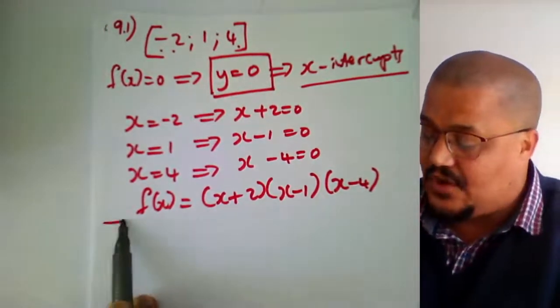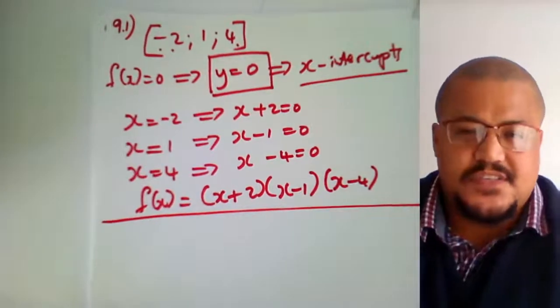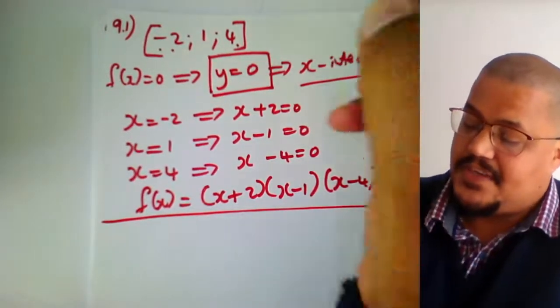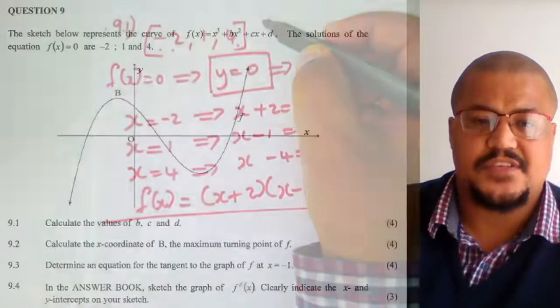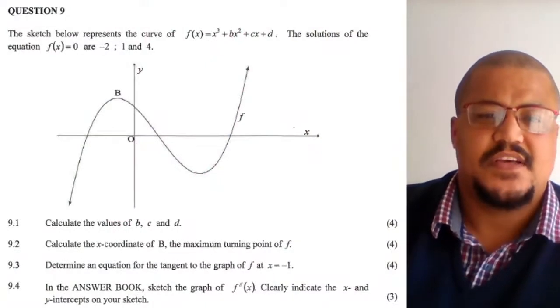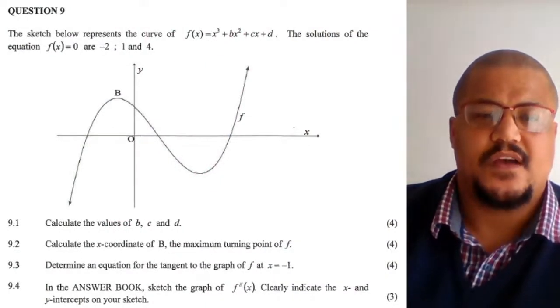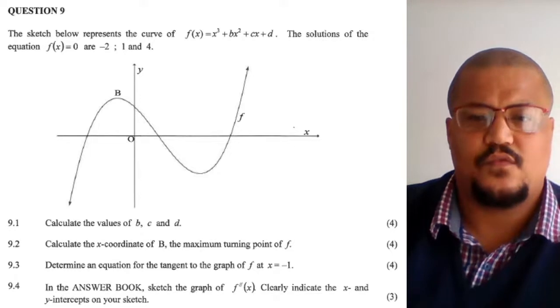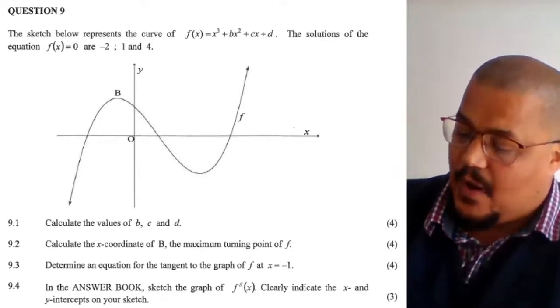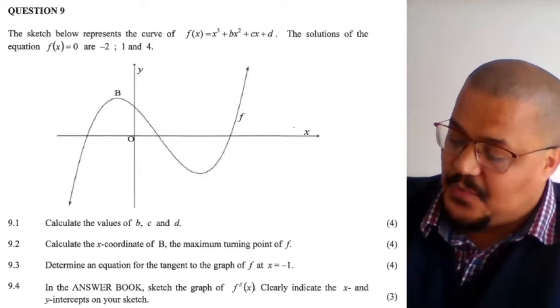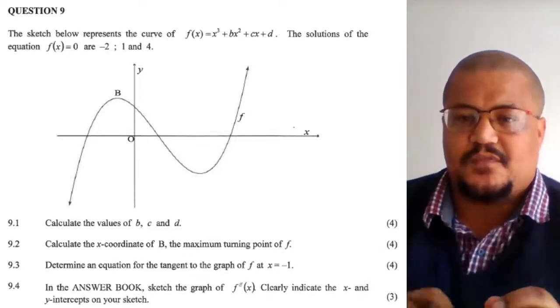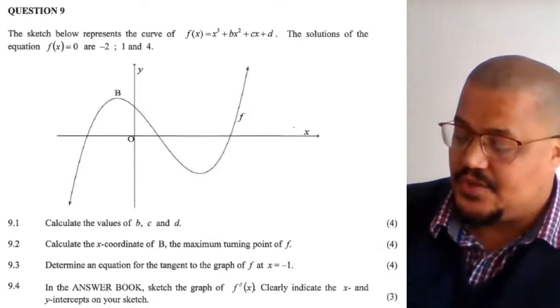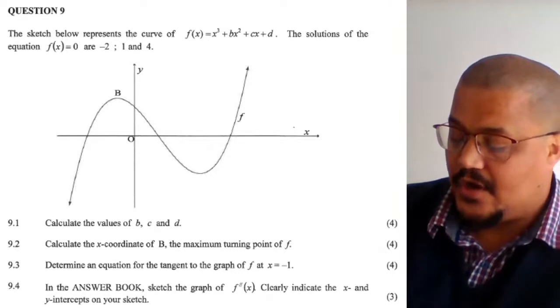Remember, this is not yet answering the question. This is just taking the information given to you in the question, that f of x equals 0 at -2, 1, and 4. That is our point of departure. This will serve as the most important aspect of answering this question, and that is your prior knowledge.